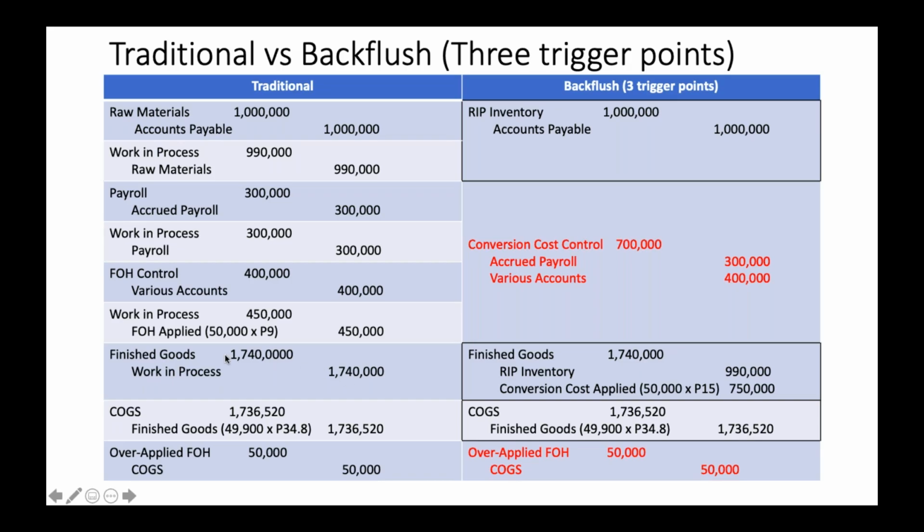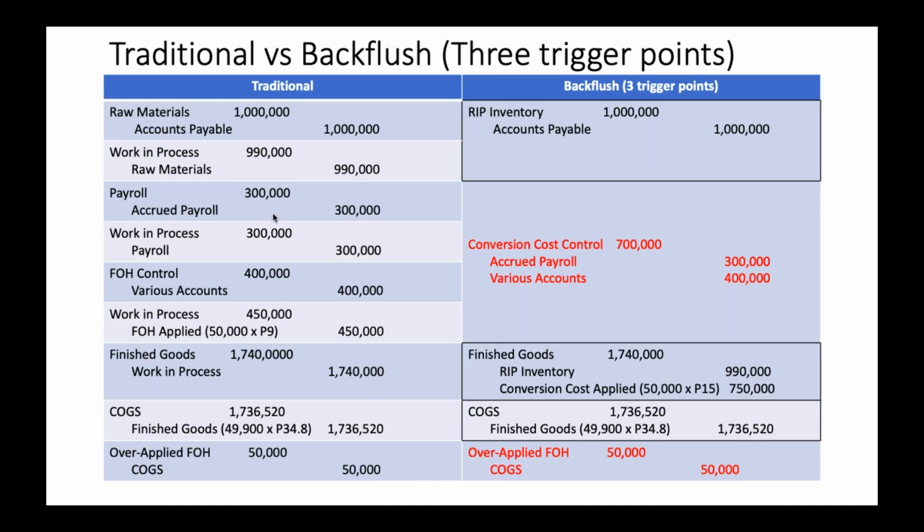That is 50,000 at 34.8 pesos. And then we sold 49,900. The entry will be debit cost of goods sold, credit finished goods. So the difference between the two is the ending inventory of the finished goods.